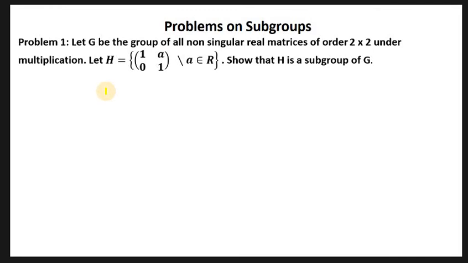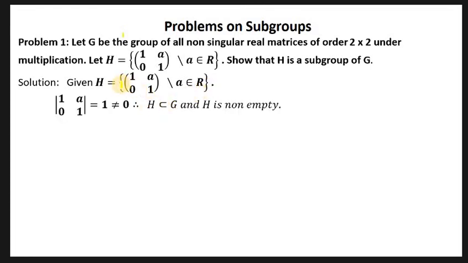The condition we have to satisfy is: for all a, b belongs to H implies a * b inverse belongs to H. To prove this, let us consider the given set H = [1 a; 0 1] such that a is a real number.